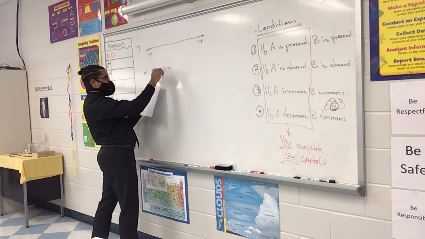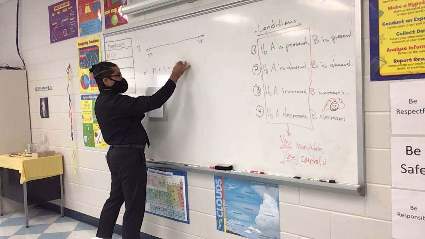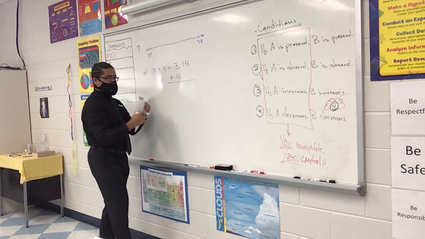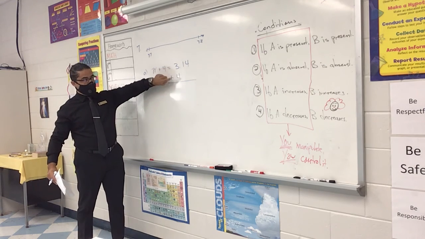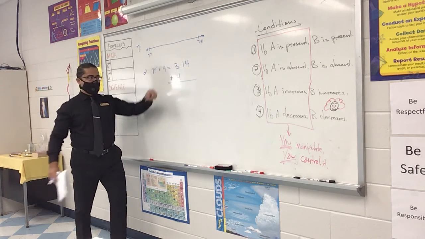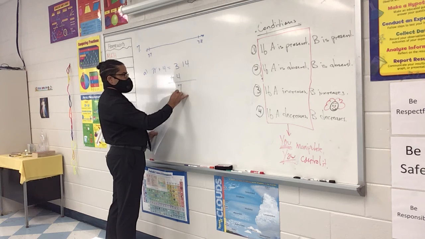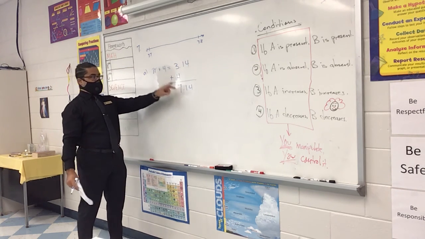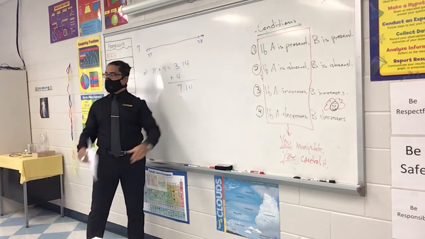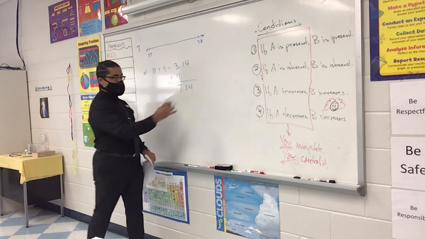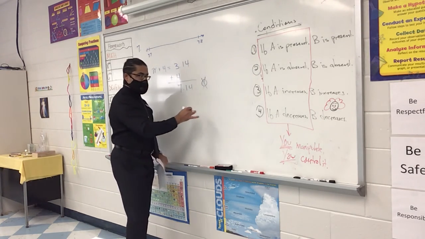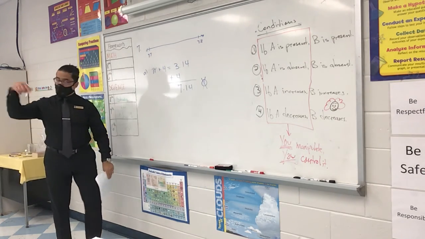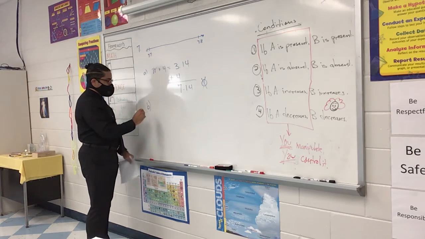Pi plus 4 is the same thing as 3.14 plus 4. Notice that we line up the ones with the ones. 3 plus 4 is 7.14. Is 7.14 between these 2 points? No. A cannot be an answer option. B.